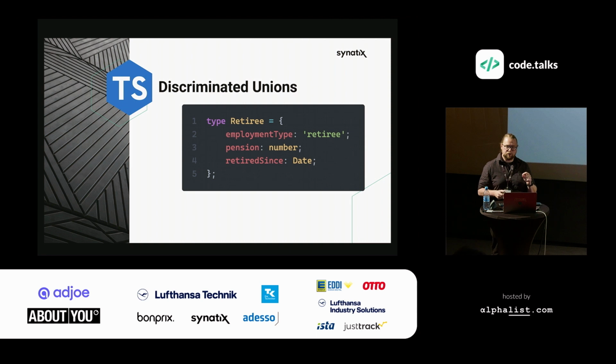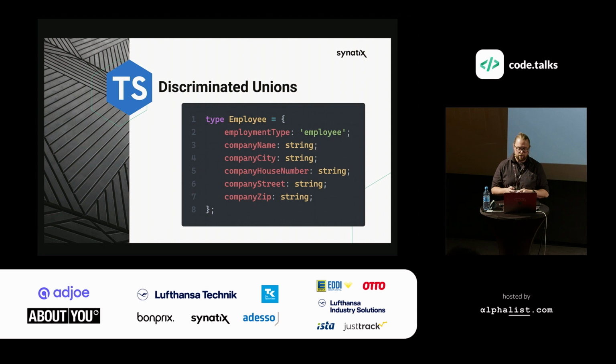In the discriminated union, you need a discriminator, which needs to be available in every variation, so you can narrow down the type. In this employee type, we have the same employment type, but it needs to be the employee string and a couple of other different properties.